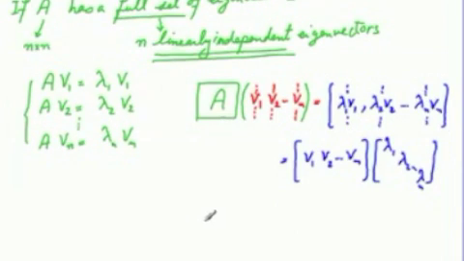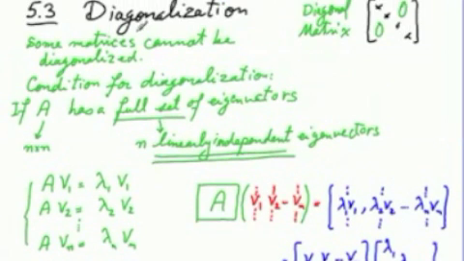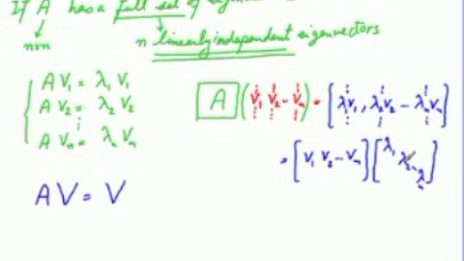That is A. This is your matrix A. Capital V, I'm going to show the collection of all the eigenvectors. You have just planted them one next to each other in vertical fashion. On the right hand side, we have an exact copy of this guy again, and we have this particular matrix, which is a diagonal matrix. That's why this topic is called diagonalization. Diagonalization because this is diagonal. Above and below the diagonal is all zeros.